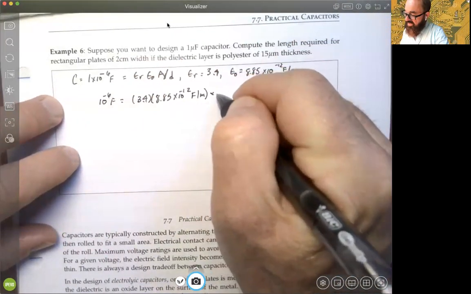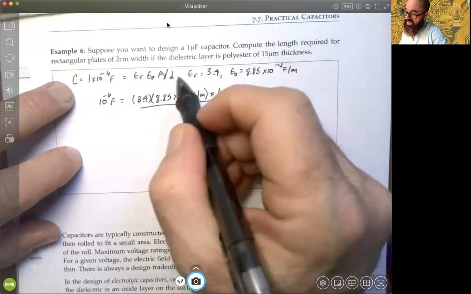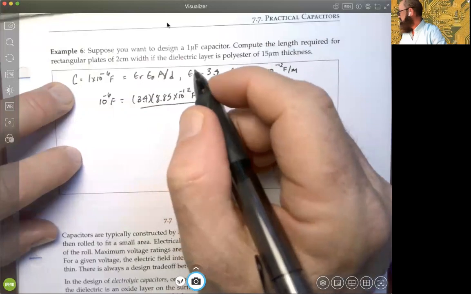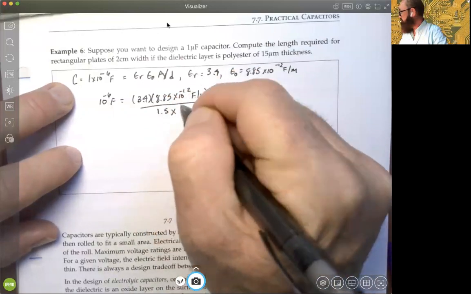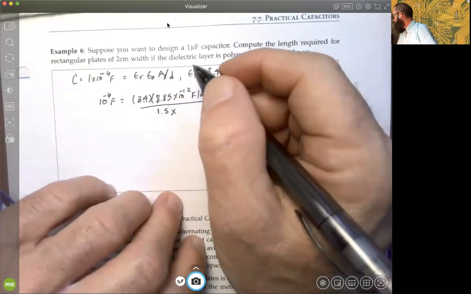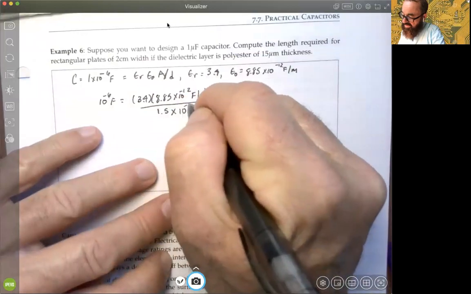That's being multiplied by some unknown area, divided by the thickness they gave us, 15 micrometers, so that's going to be 1.5 times 10 to the minus 5 meters.